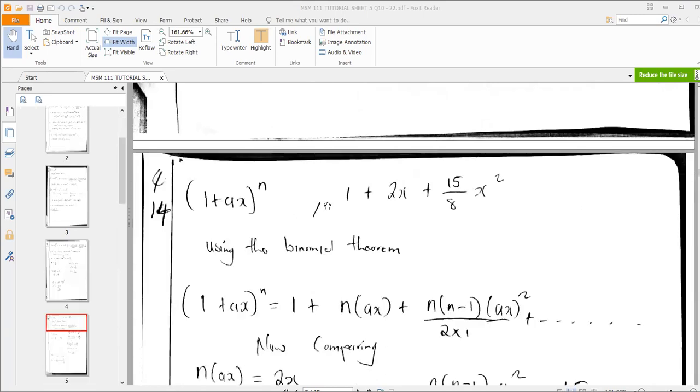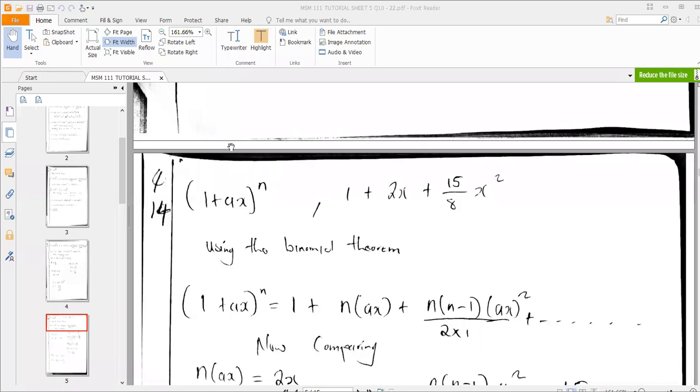So we go now to question 14. Question 14 is requiring us to expand this in ascending powers of x and also find the values of n and a.